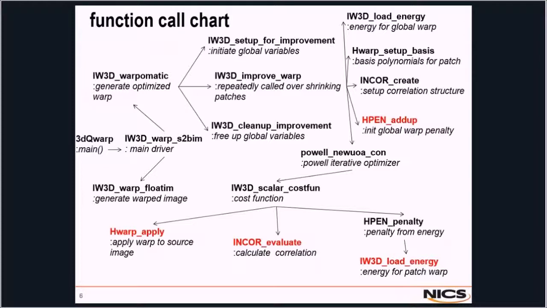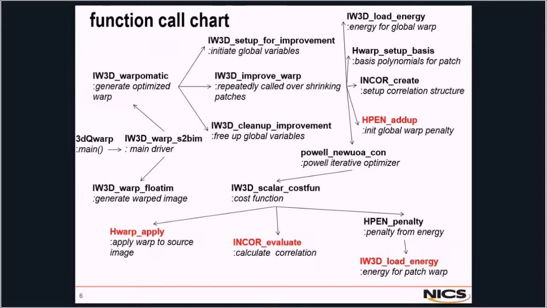So if we look at the function call chart of 3dQwarp, basically 3dQwarp is about 10,000 lines within the AFNI code, and AFNI is a huge package. The optimization function is called Warpomatic, which is basically 3D image warping optimization for the warp.